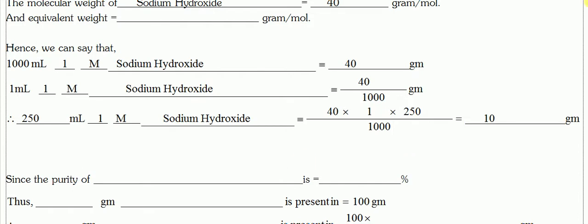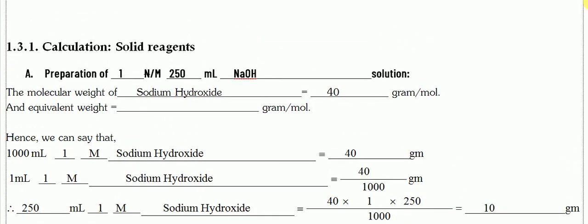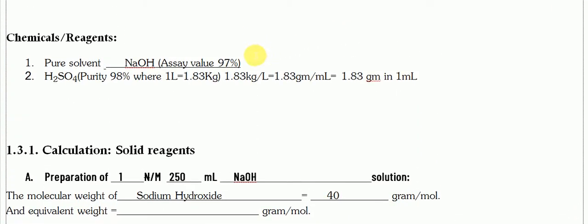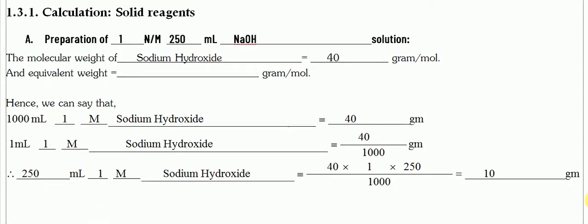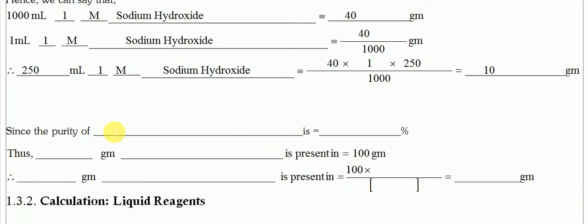Okay, now we know that the purity of sodium hydroxide is 97%. The SI value is 97%. That has been seen from the label of the container. So we will write that the purity of sodium hydroxide is 97%.